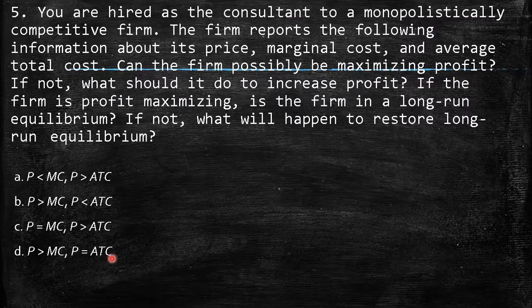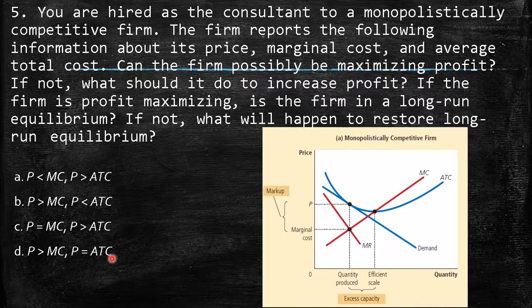Why? Since there are no profits, the income, which is reflected as total revenue, price times quantity, should be exactly the same as the total cost, which is the quantity times the average total cost.